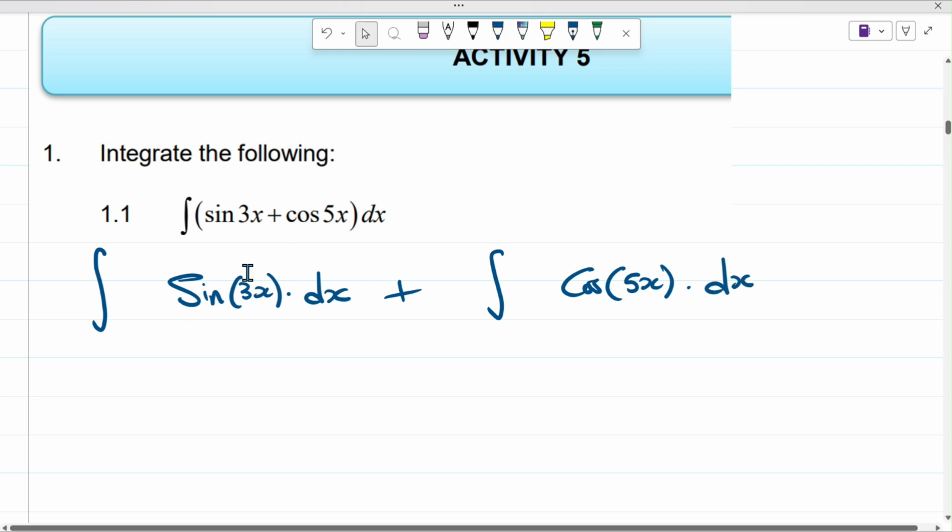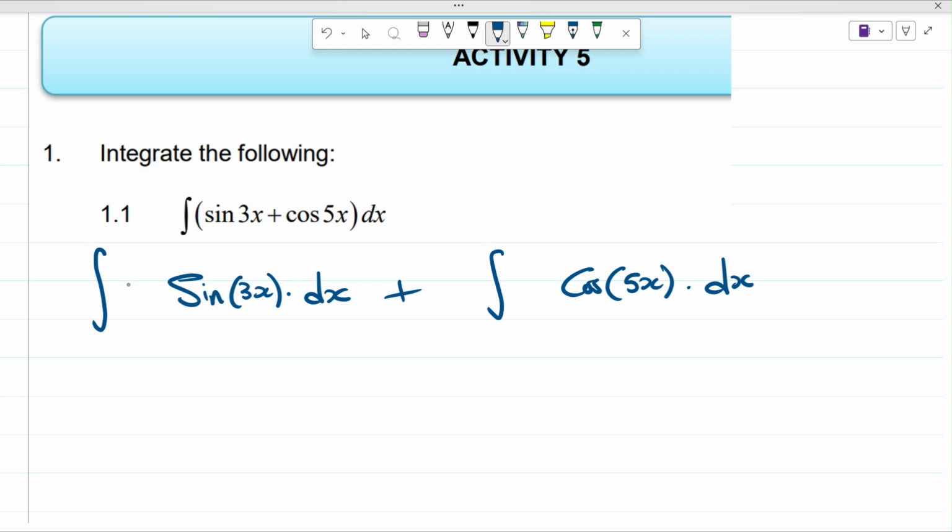Remember, whenever we're integrating this, we should make sure that we have the derivative of the argument next to the trig function. Now we're integrating sine of 3x. When we check the argument, it's 3x, so we don't have the derivative of this argument. Before we can integrate this, we must have the derivative of the argument. The derivative of 3x is 3, right?